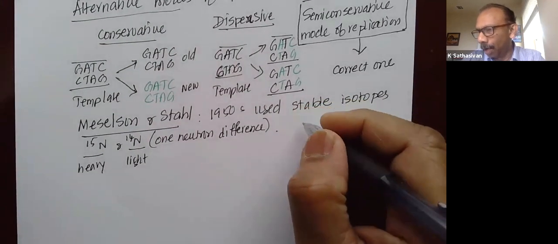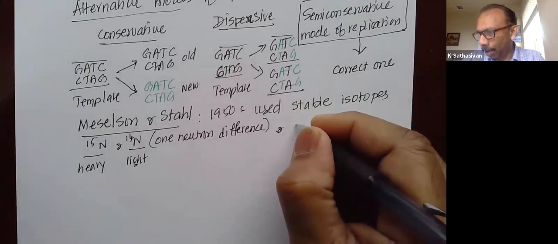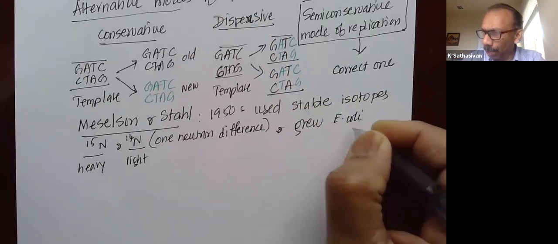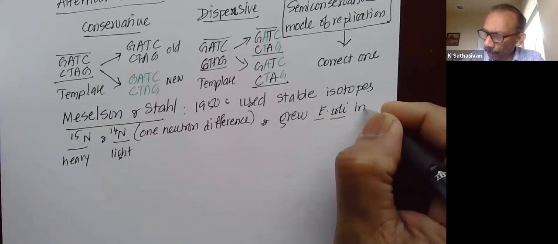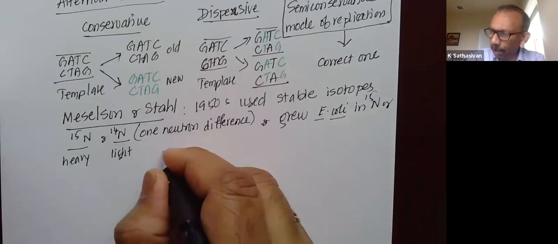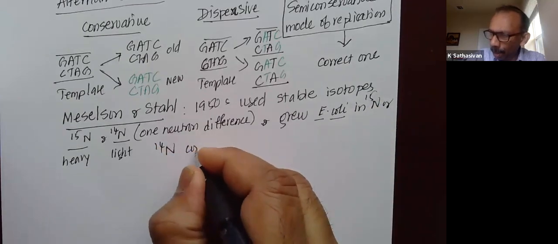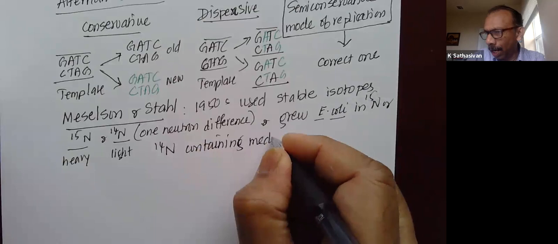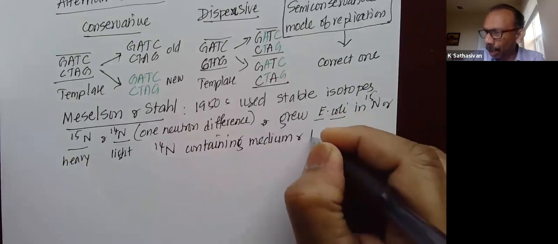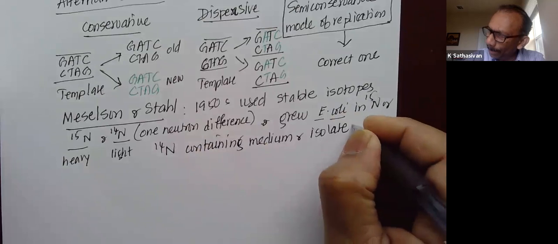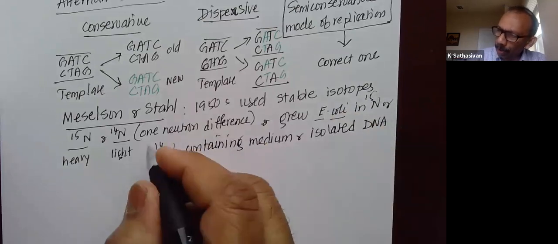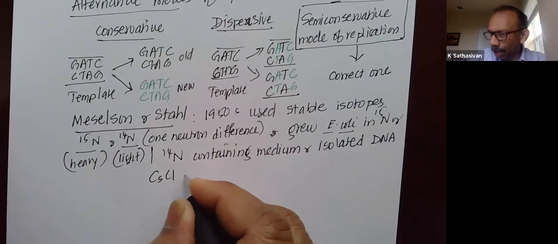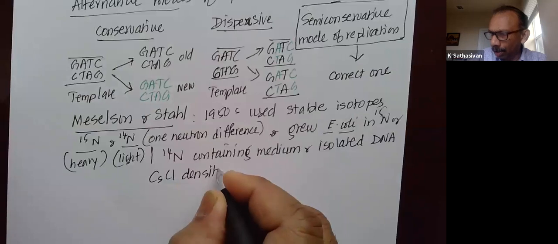And they also grew E. coli bacteria in various media containing N15 or N14, and the technique involved isolating DNA using a method called cesium chloride density gradient centrifugation.